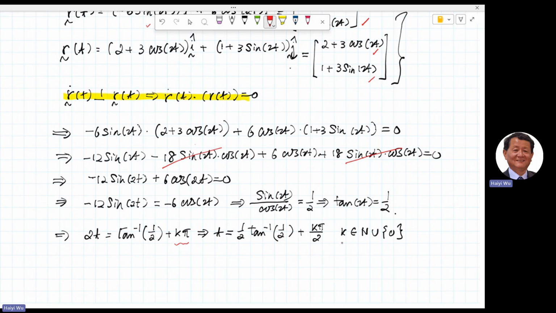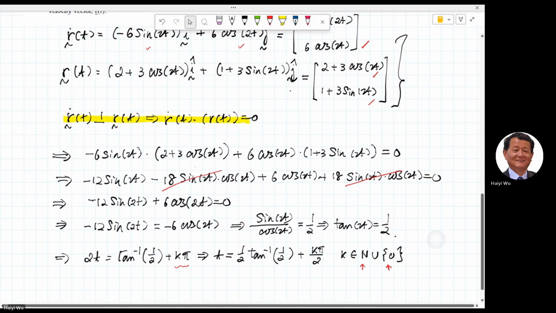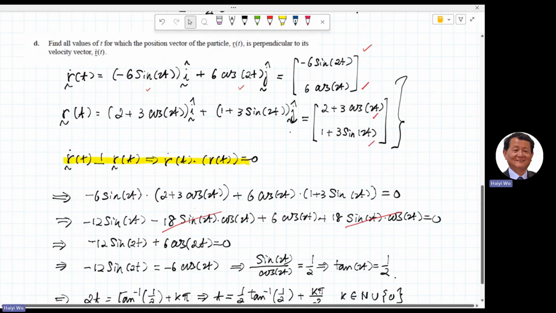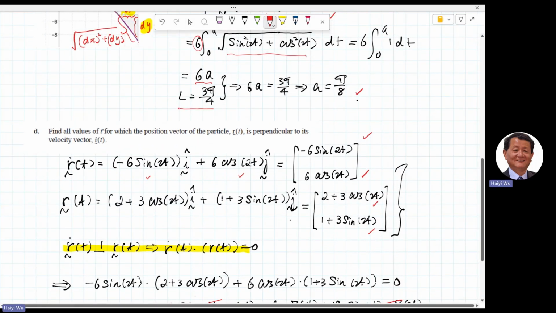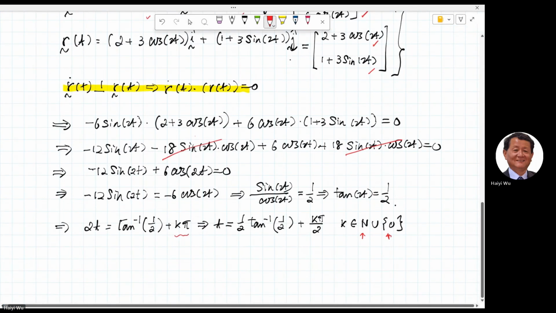What is k? k is a natural number, also including 0, so k can start with 0. So that's it, we solved for t. Because the question asked for the value of t, the value of t is this.